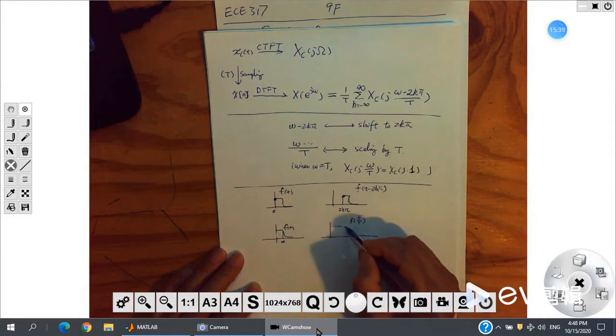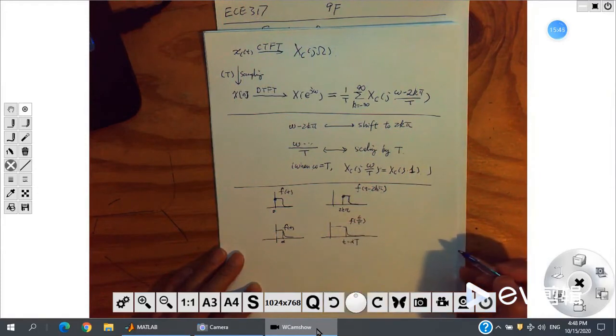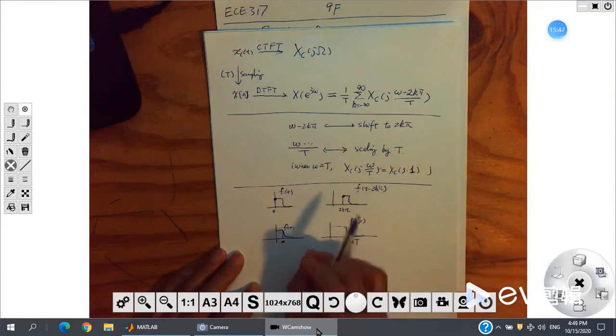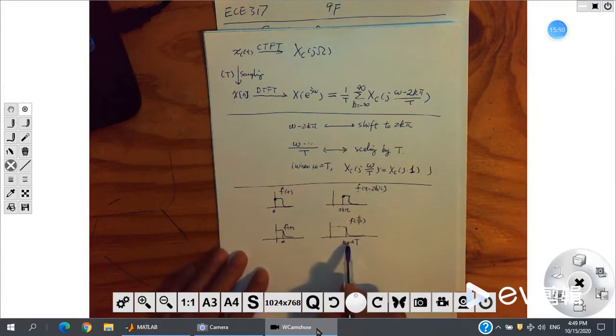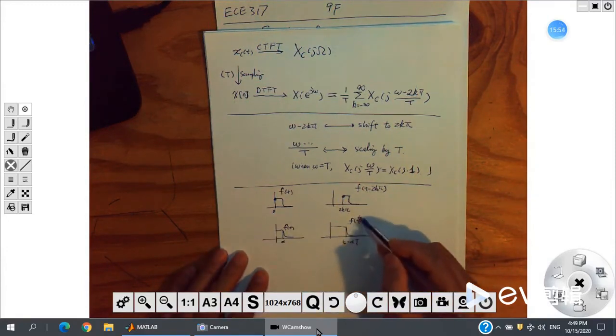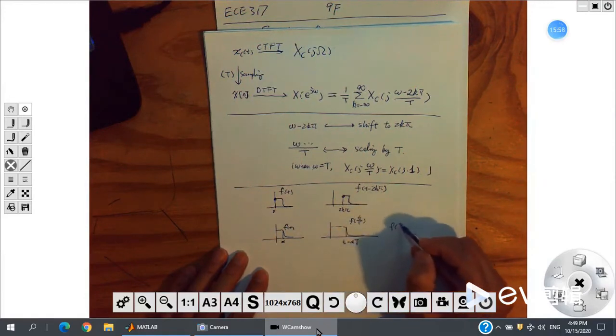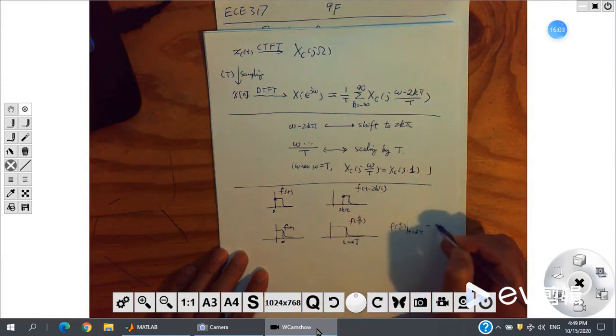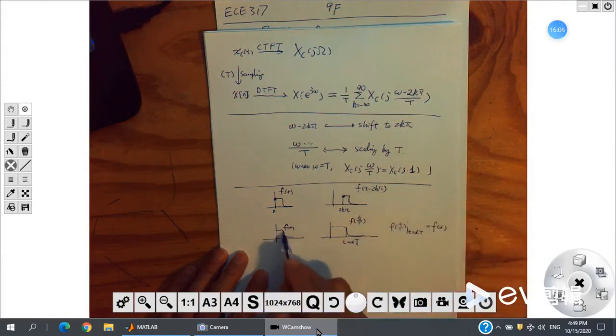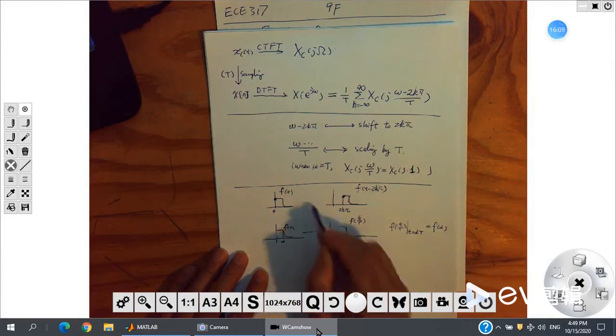This point, t equal to alpha T. You just extend this, extended by a T. When t is alpha T, you plug in here, you get f of t over T. When t equals alpha T, this gives you f alpha. F alpha is here. So this is scaling. This is a shift.